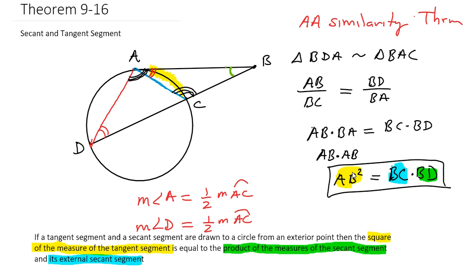The square of the measure of the tangent segment is equal to the product of the secant segment and its external secant segment.